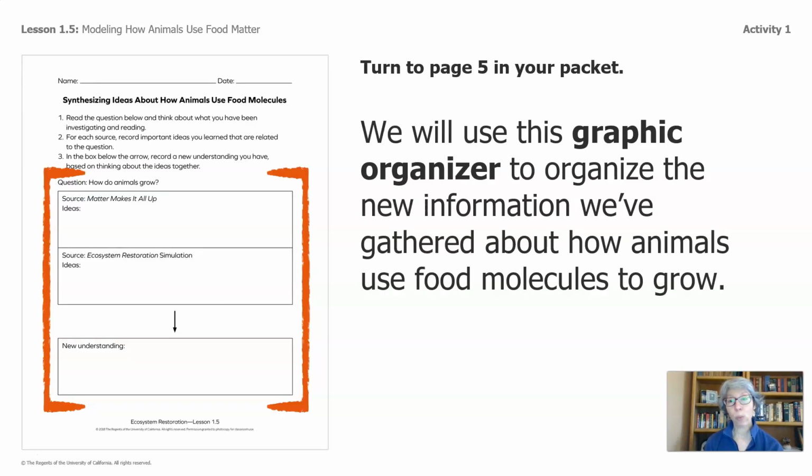So we're going to do that once again, and we're going to use this, what we call a graphic organizer, on page 5 in your packet. Again, if you don't have the packet, any piece of paper will do to record your ideas and jot down your questions. So we're going to gather new information on how animals use food molecules to grow.